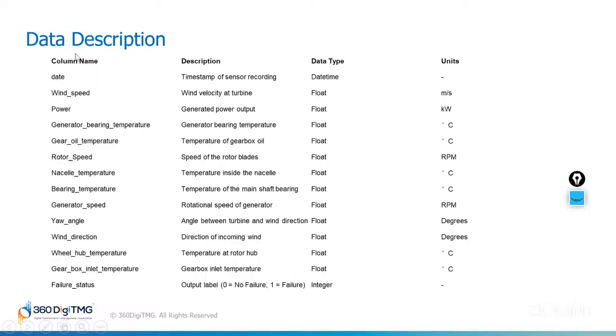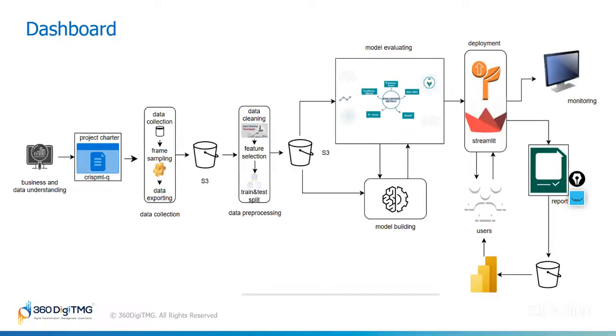Whether due to this particular scenario or these columns, our wind turbine engine is going to fail or not. 0 signifies no failure and 1 signifies a failure. So this is a classification problem, since it is a categorical output with two classes.